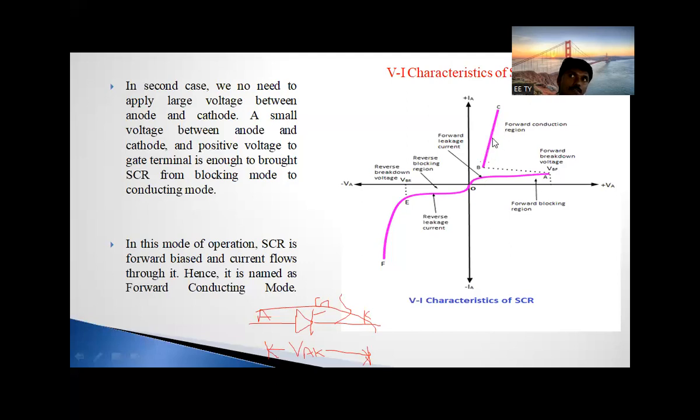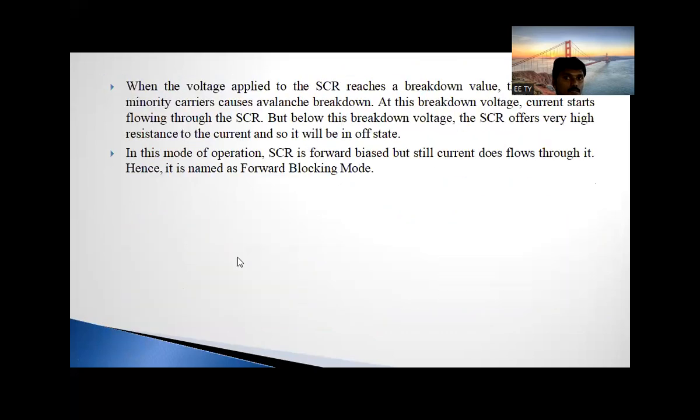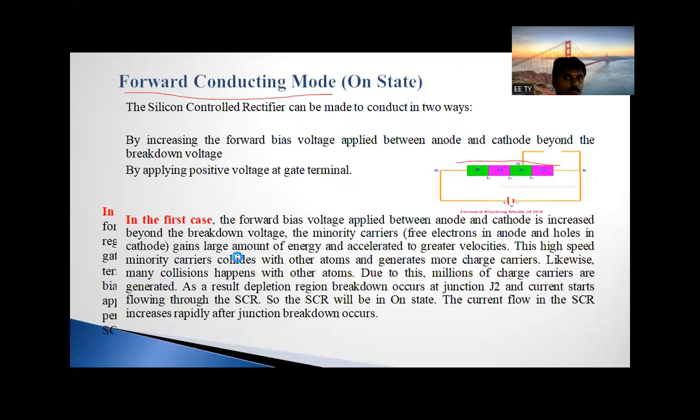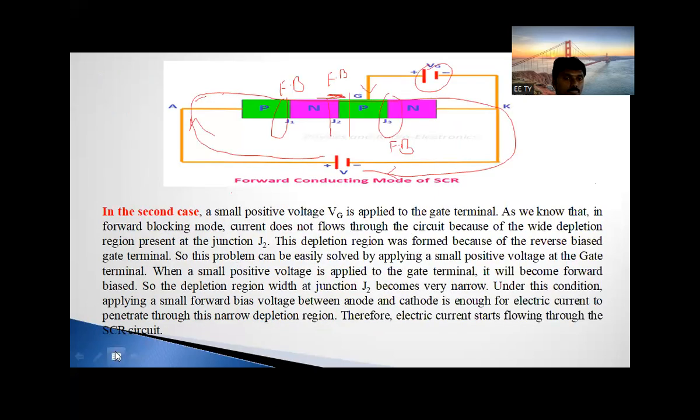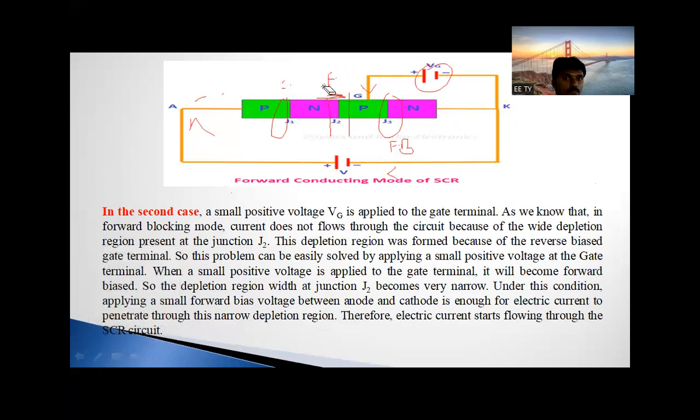ये वाला क्या? This is the anode current. The current which is flowing from anode to cathode. So here you can see this diagram. So it's a nice question. This current is increasing, na?